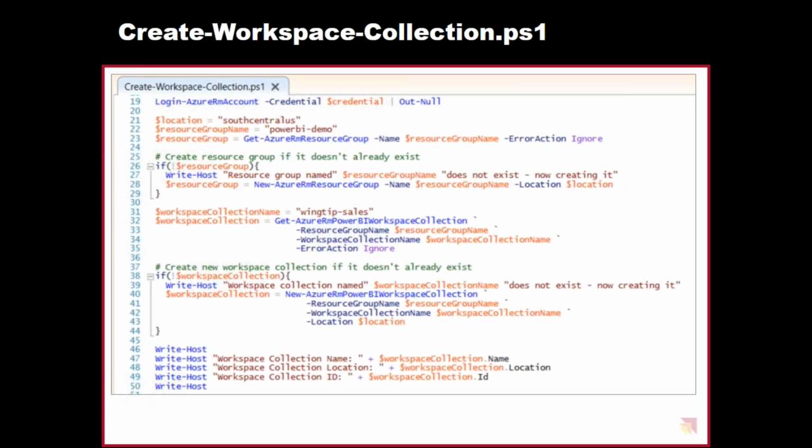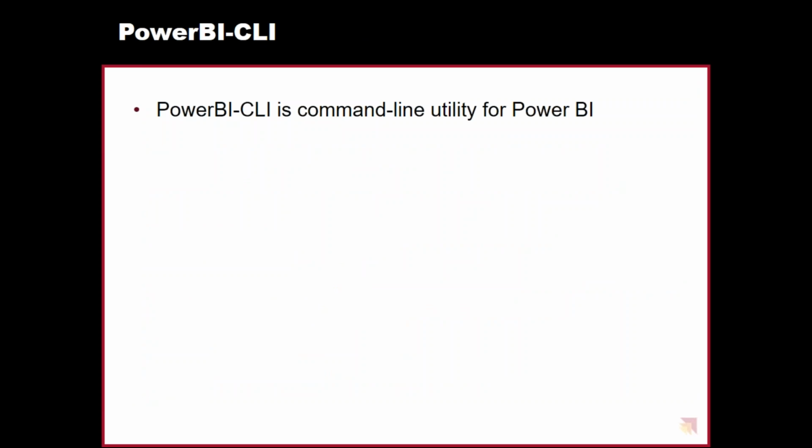You can also see if there's any workspaces, but it doesn't allow you to actually create a workspace. So there is a second tool that we're going to bring into the picture. And this tool is the PowerBI-CLI. The CLI is a command line utility for Power BI.